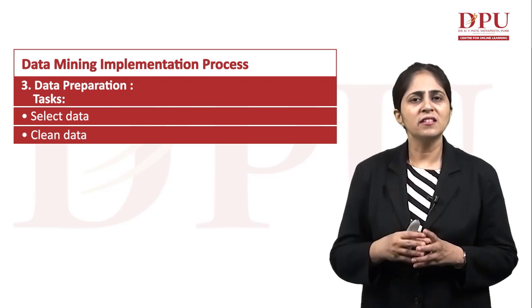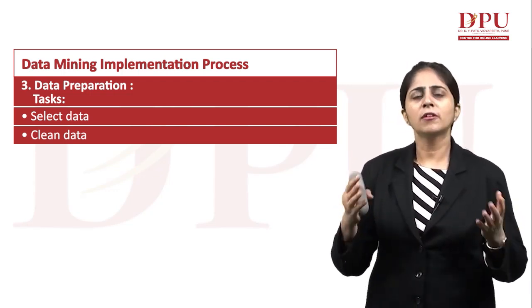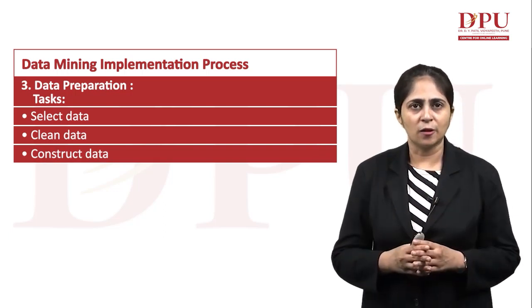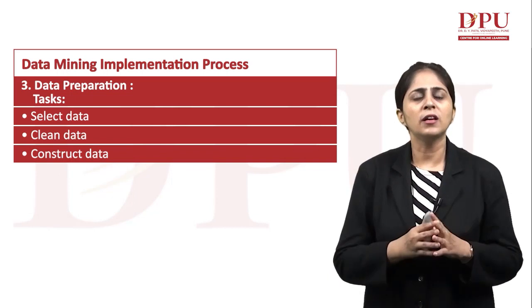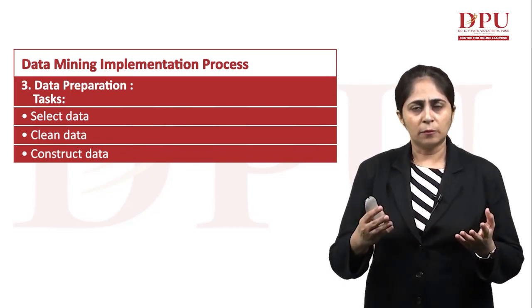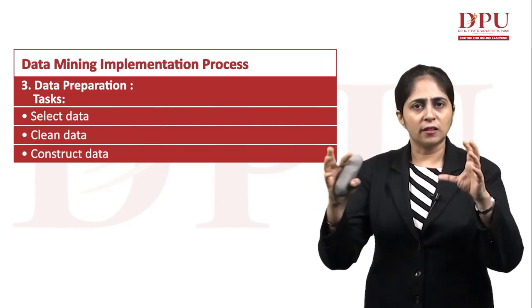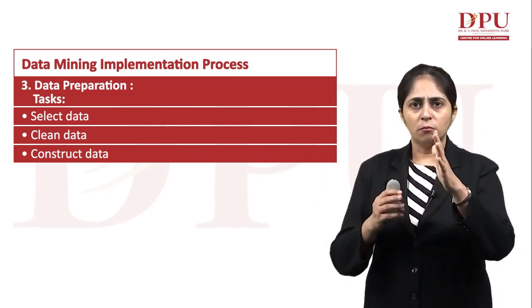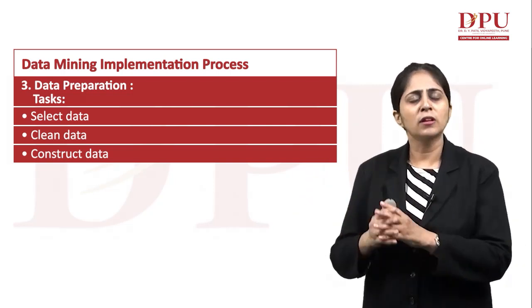That is the next step required in data preparation. After that, we need to construct the data. Constructing the data means we need to perform proper structuring of that data. That means structuring of data can be done into two different clusters, where one cluster can be related on one side and another cluster on another side.